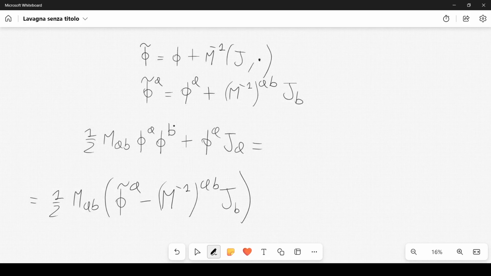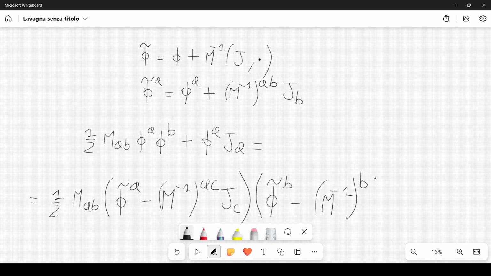Now we have to pay a little bit of attention because here we are summing over an index, but this should be a dummy index, so we should call it in a different manner. We can put C here, for example. And we have to pay attention to that. So instead of phi_B, we can put phi tilde_B minus M inverse_BD J_D, like this.